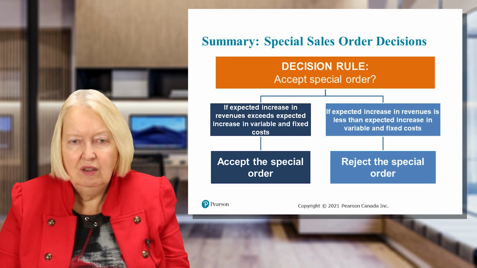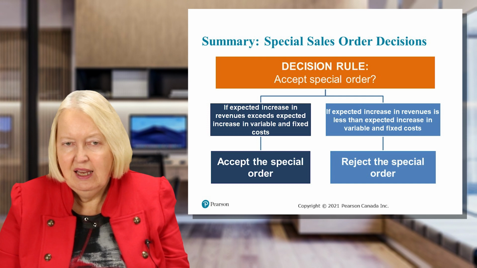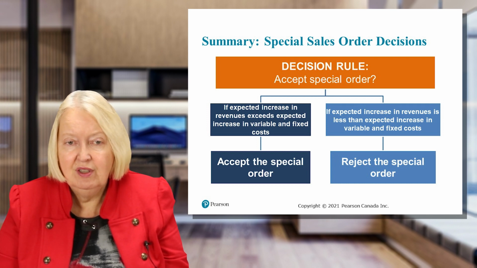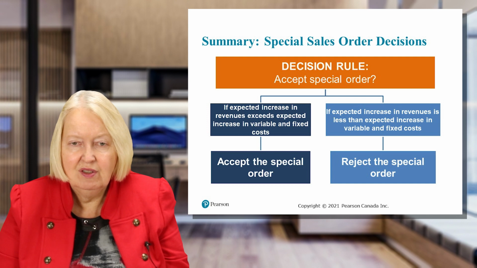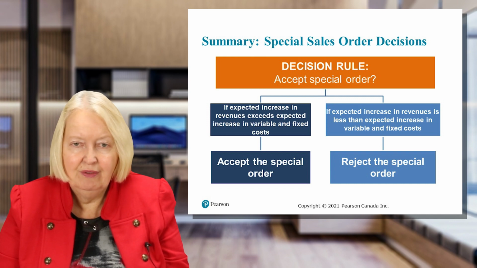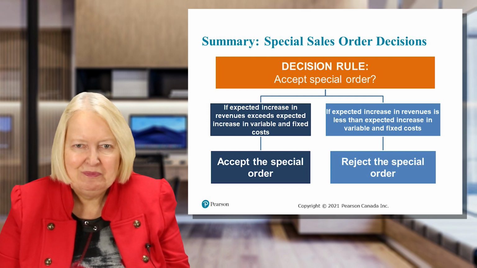So overall, the idea here is with a special order, if you think it's not going to have a negative outcome for your long-term sales with your regular customers, if the increased revenue exceeds the increases in variable and fixed costs, you'd accept it. Whereas if the increase in revenue is not sufficient to cover any increase in cost, then you reject the offer. Kind of common sense, really.